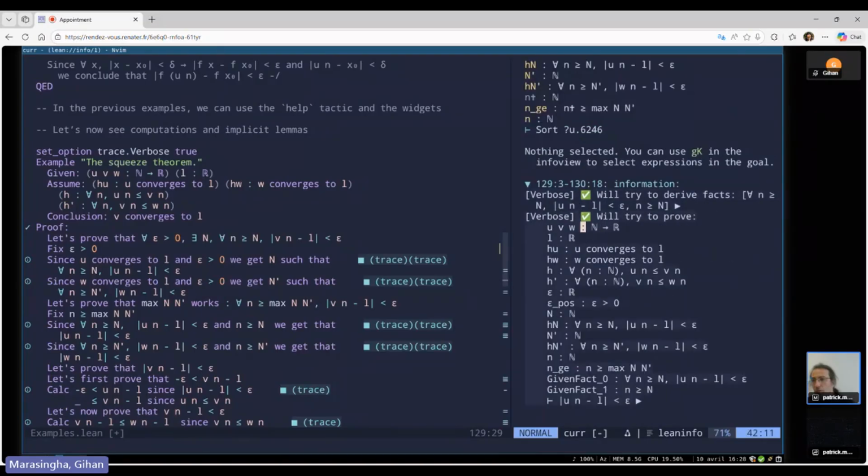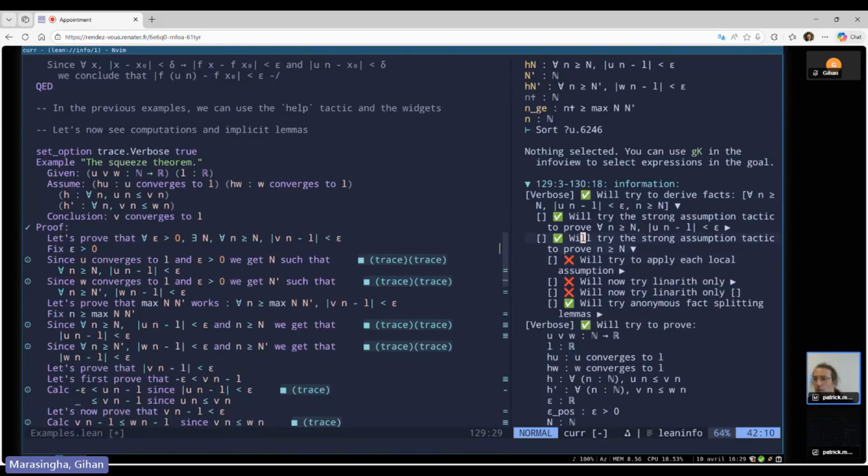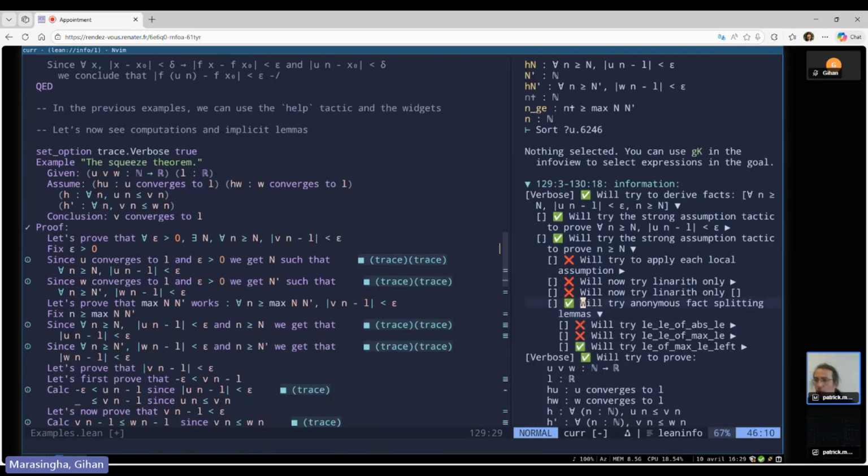But if you look at the other, the other thing to prove, n is bigger than capital N, did not follow from a local assumption, did not follow from linear arithmetic, and it followed from an anonymous fact splitting lemma.